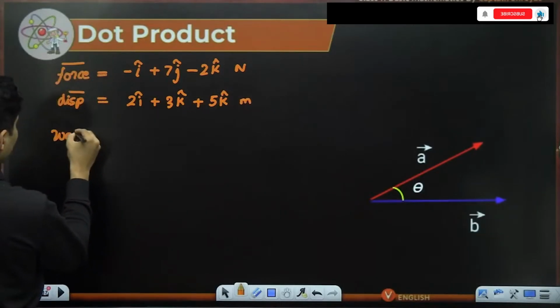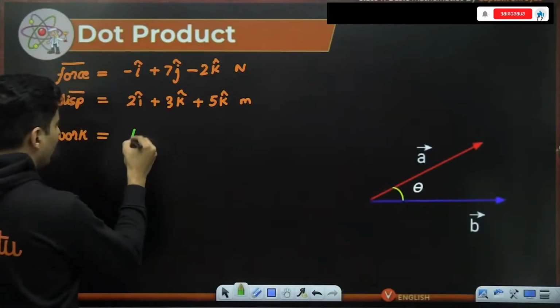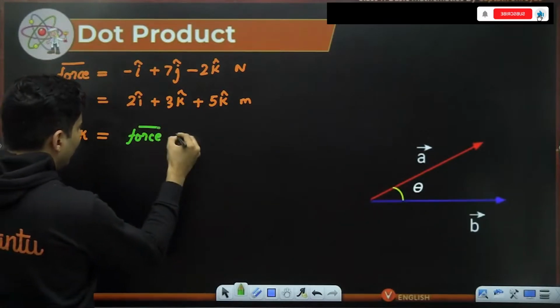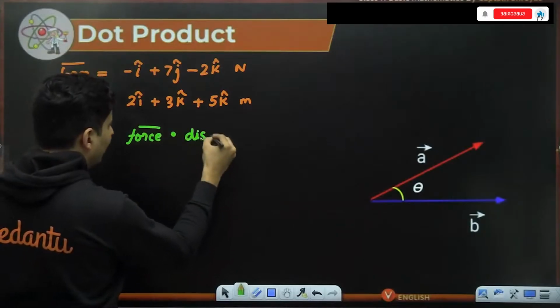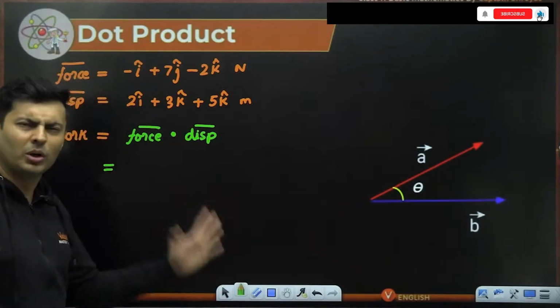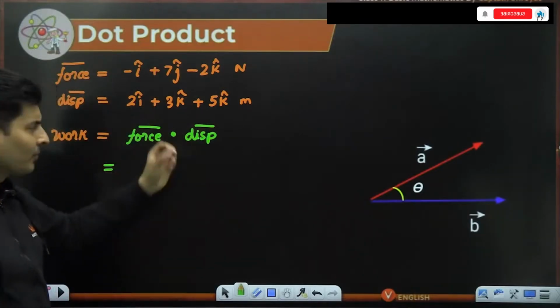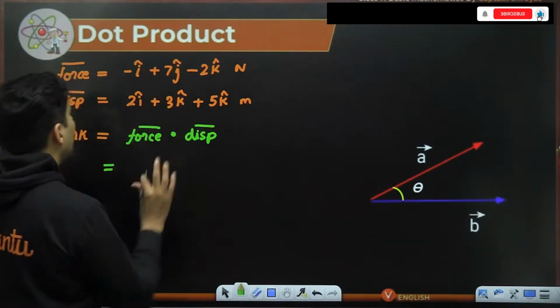Then if the question is, can you find out the work? I'll be like, yes, why not? Work is nothing but force vector dot producted with the displacement vector by definition. If you have not yet read the work chapter, don't worry, just take it as a rule, or just take it as an assumption or the truth.